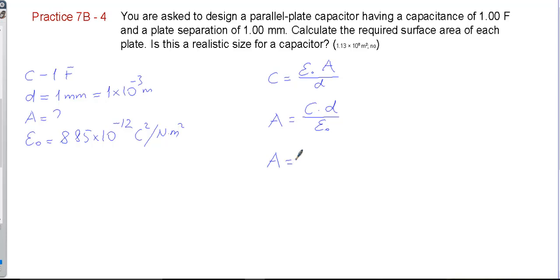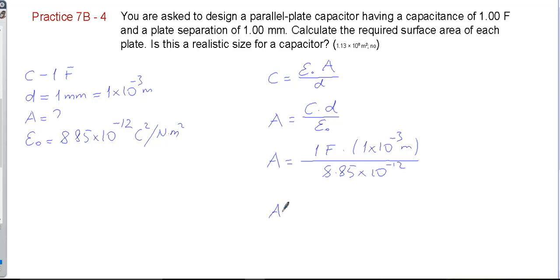Then A is equal to C is given... oh, sorry, I made a mistake. C is given, C is 1 farad, multiplied by the distance 1×10^-3 meters, divided by 8.85×10^-12.